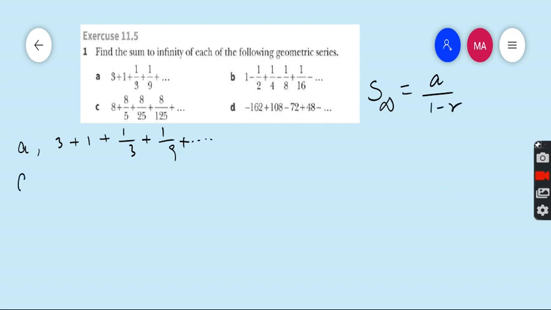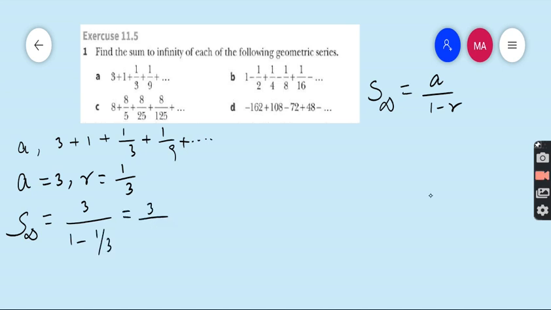So first write a, the first term, that is 3, then r, the common ratio, divide any term by its preceding term, that is 1/3. The formula of sum to infinity is a, 3, upon 1 minus r, that is 1/3. So 3 upon 2/3, or 3 multiplied by 3/2 directly, 9 upon 2, is 4.5. This is our final answer of part A.